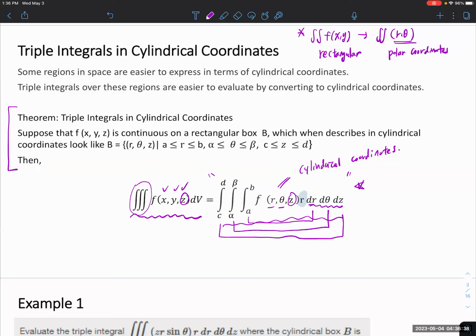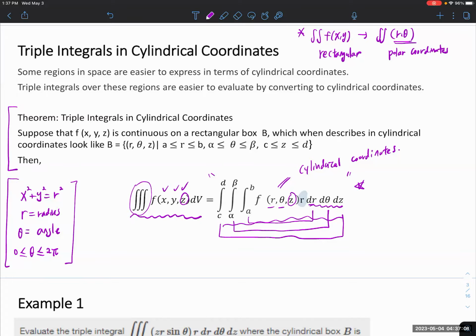And then we know a couple of facts. x squared plus y squared is r squared. r means the radius, theta is the angle. So if you have a circle, usually theta is going to be between 0 and 2 pi. So these are the given notations we can use when converting to cylindrical coordinates in a triple integral. So we're going to utilize that as well.